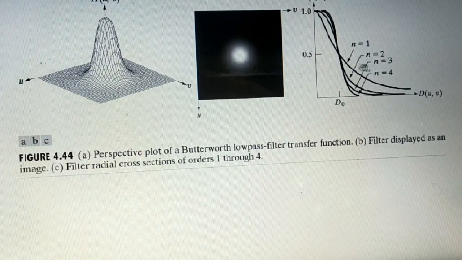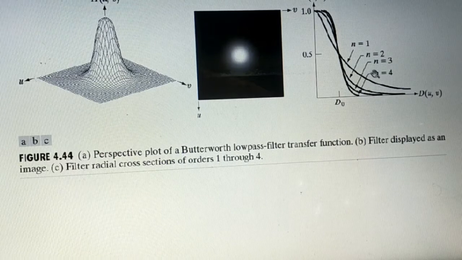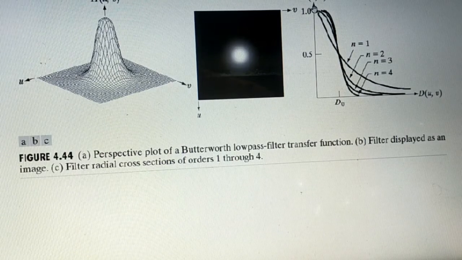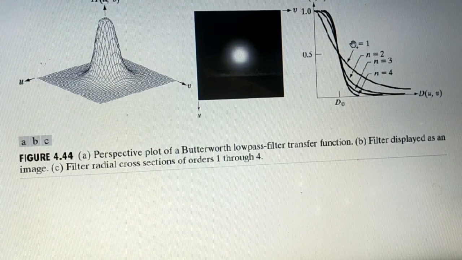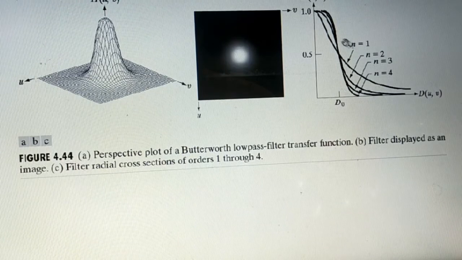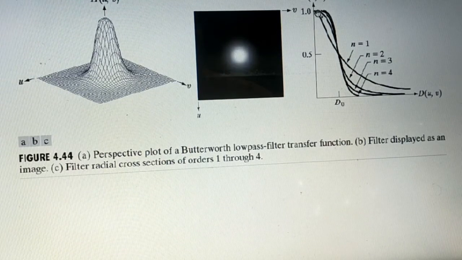So as you increase the value of the filter order n, the frequency response of a Butterworth low pass filter will approach the response of an ideal low pass filter. The smaller the value of n, the more slowly the gain falls as a function of frequency.